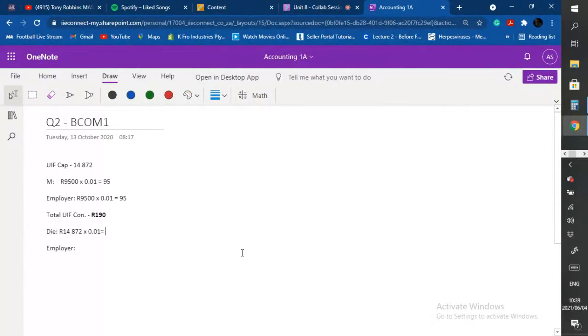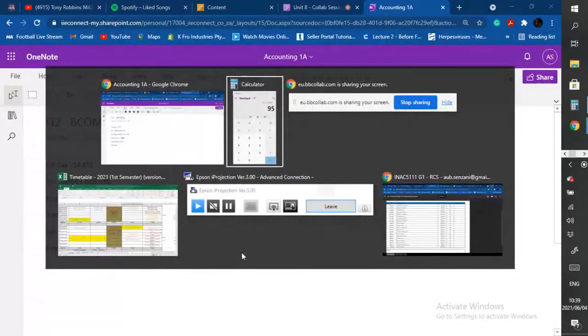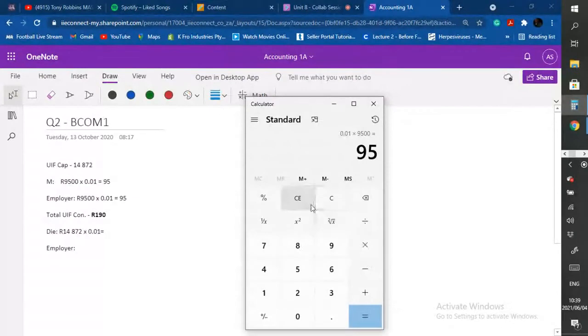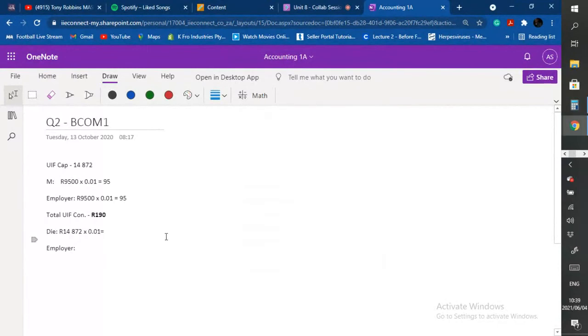So let's quickly calculate this. 0.01 times 14,872. What do we get? We get 148.72. This is the exact same amount we're going to get for the employer.